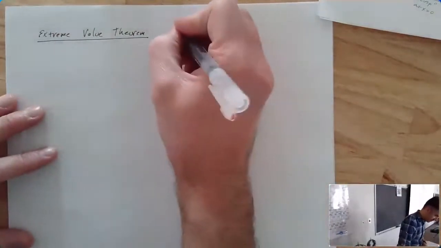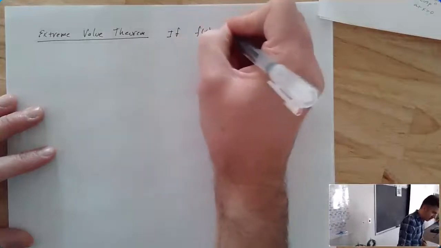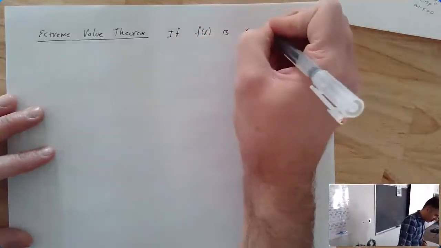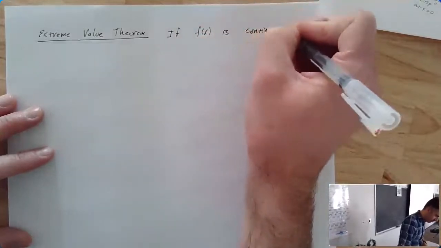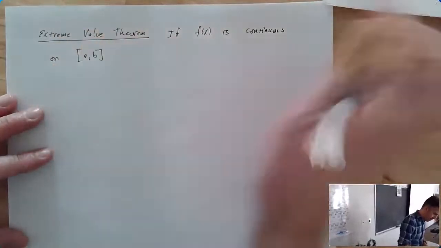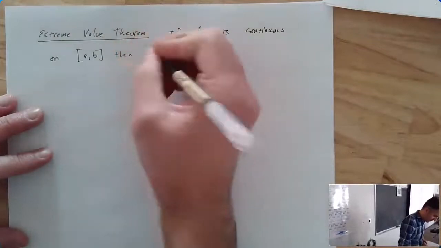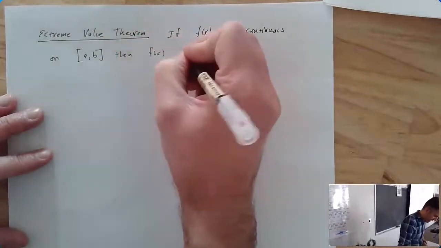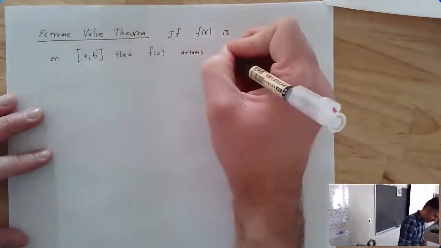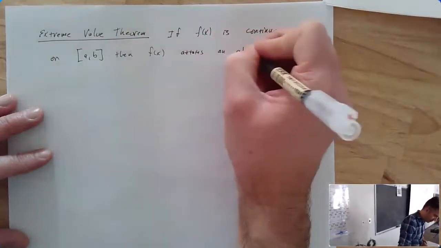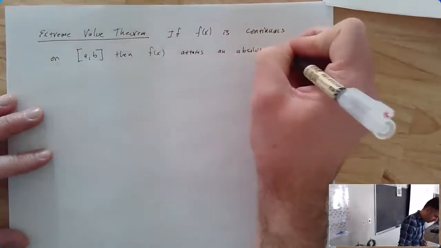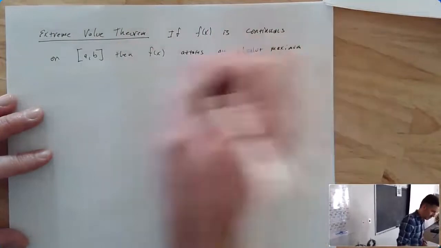If your function is continuous on some closed interval, say from A to B, then the function f attains both an absolute maximum and an absolute minimum.